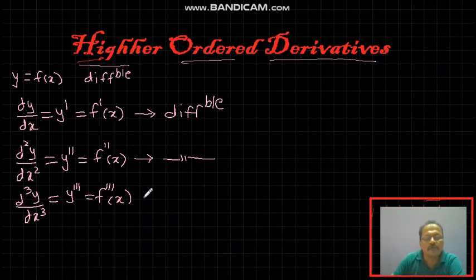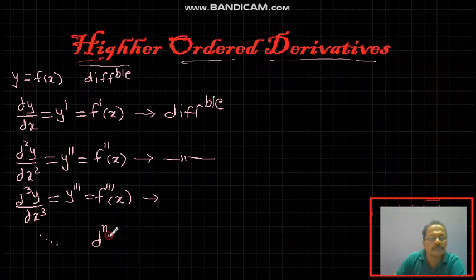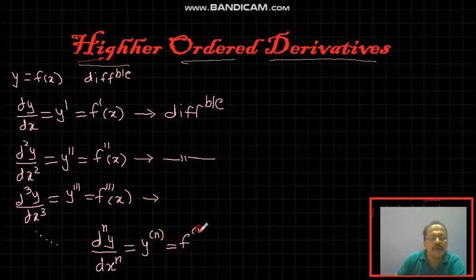If this is also differentiable, then we can continue in the same way, and after a certain while we get nth derivative. The notation is dny upon dx raised to n equals to y nth derivative f nth derivative x.